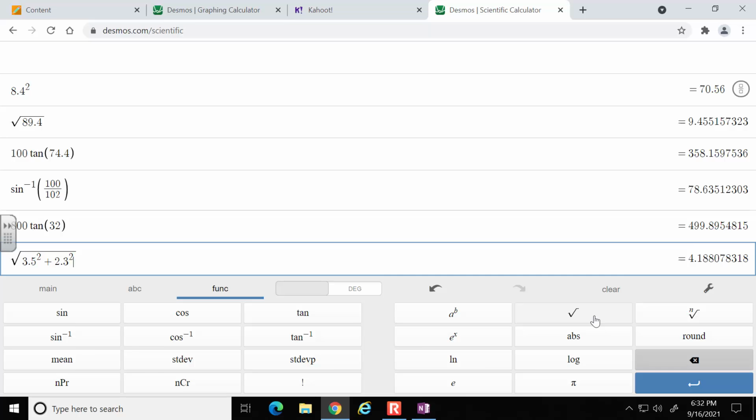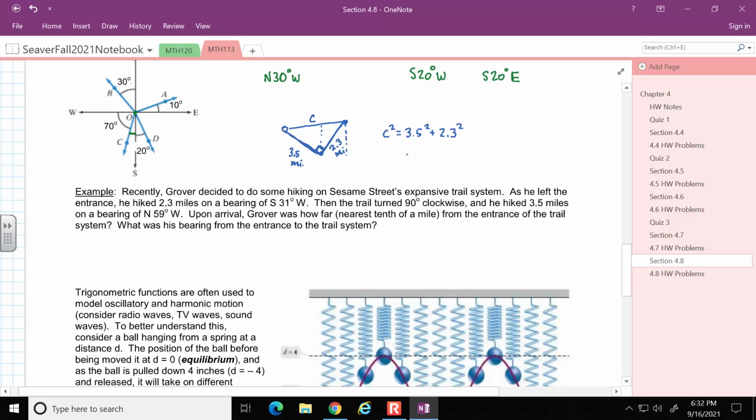I get 4.19. Okay, so what's his bearing?